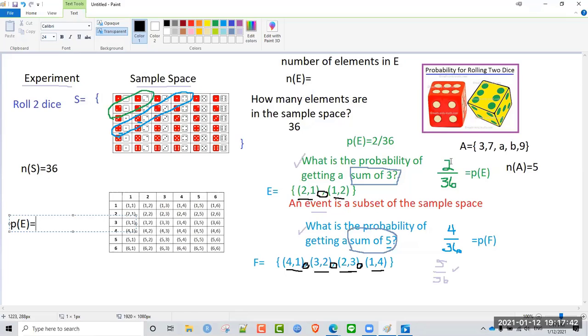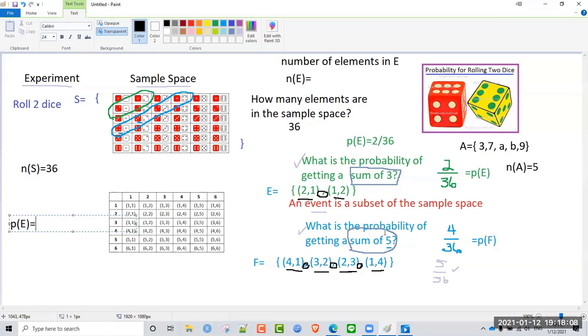It was 2 over what? 2 over 36. Where did the 2 come from? The number of elements in E. And where did the 36 come from? The number of elements in the sample space, right?